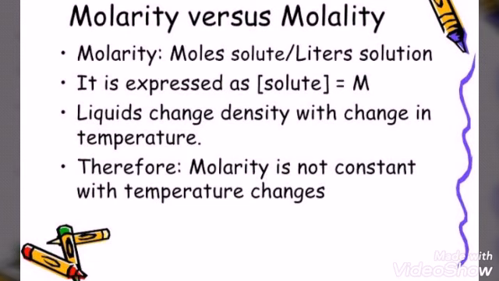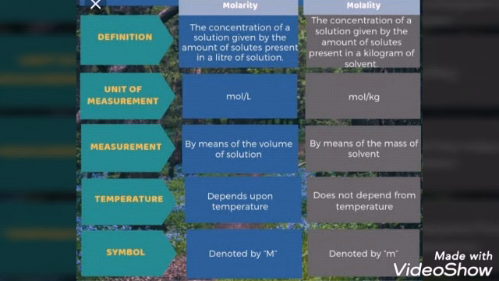Molarity is moles per liter, symbolized as capital M, whereas molality is symbolized as small m. Molarity is not constant, meaning it changes with change in temperature, because density or volume both change with temperature. Here is one more difference provided to you.